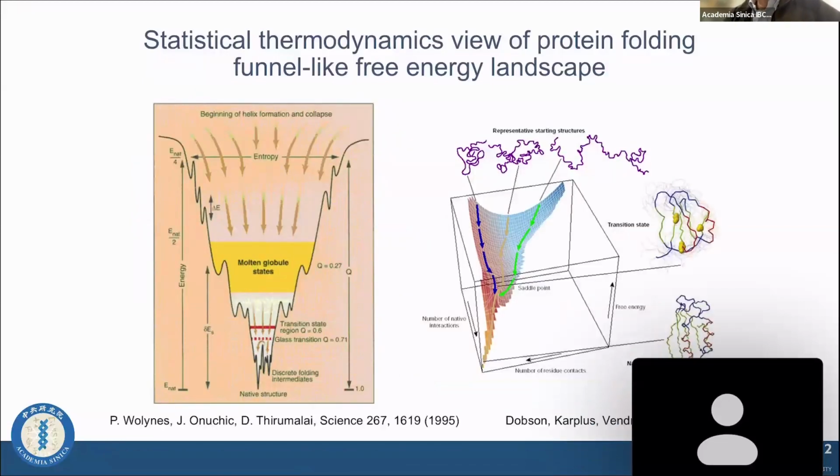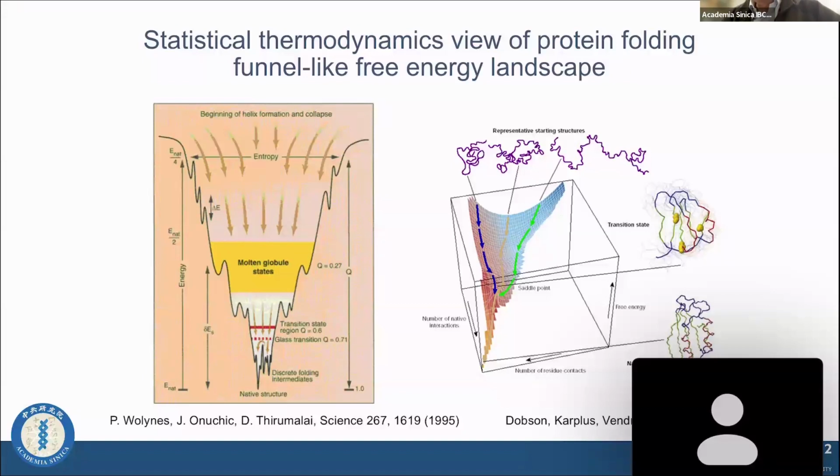This becomes the concept of the folding funnel that was coined by Wolynes, Onuchic, and Thirumalai. Later, with the help of powerful computers, Martin Karplus, Christopher Dobson, and Michele Vendruscolo studied the folding events of different proteins in atomic detail.